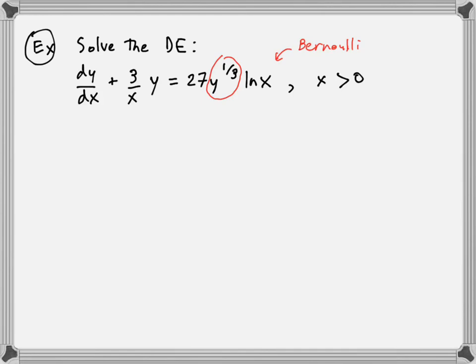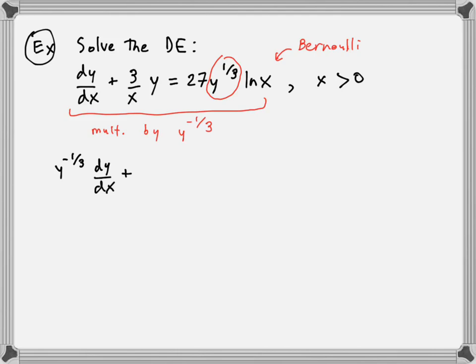So I'm going to multiply everything by y to the negative 1/3. You end up with y to the negative 1/3 times dy/dx plus, what is this going to become?